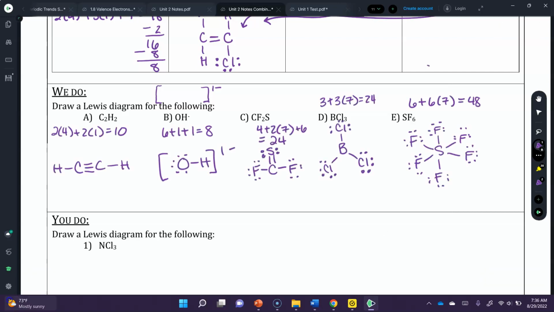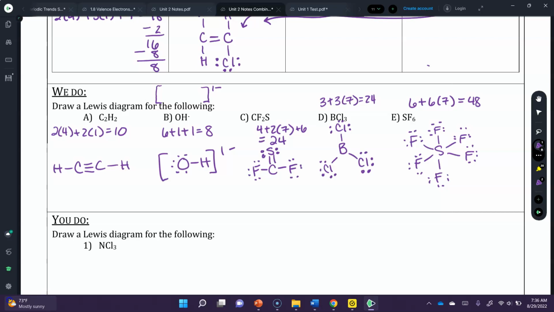Okay, so for this, we see that we needed to add an electron here on hydroxide because of the negative charge. On the BCl3, we are doing a reduced octet because boron does not have enough valence electrons to do a complete octet, so it just pairs the 3 electrons that it already has with another electron from each of the chlorines.